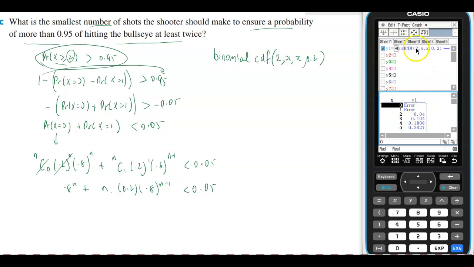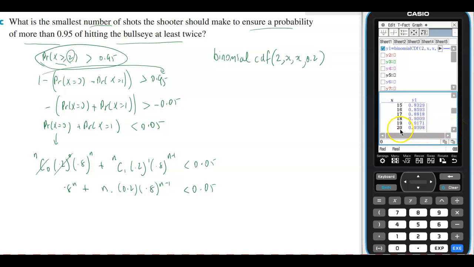So on our table, if we scroll down, we'll notice when x equals 7, the probability was 0.4233. No. Too small. We want it to be bigger than 0.95. Oh no, even when it's 14, it's not bigger than 0.95. Oh no, 17. Oh, this is going to keep on going forever.